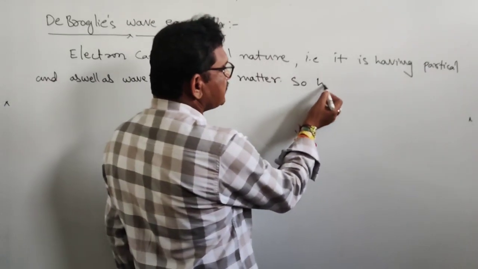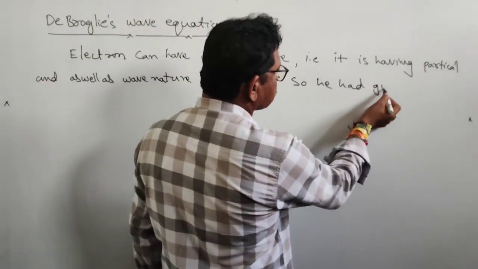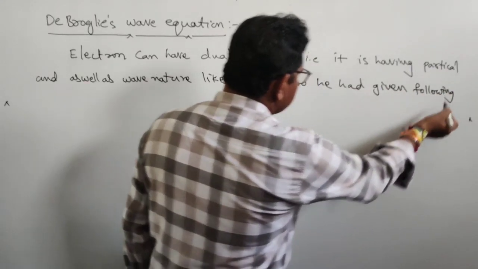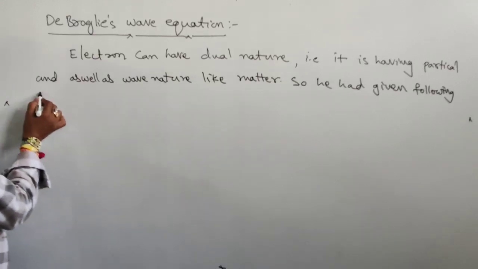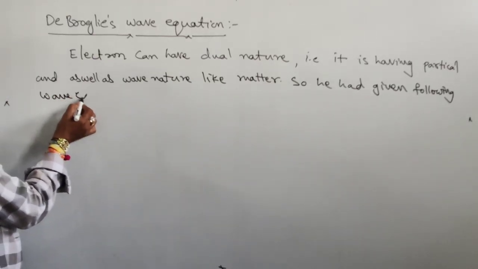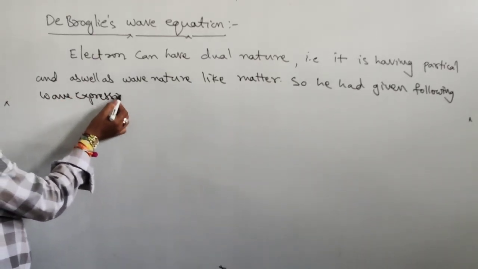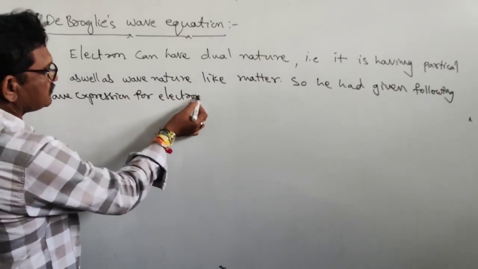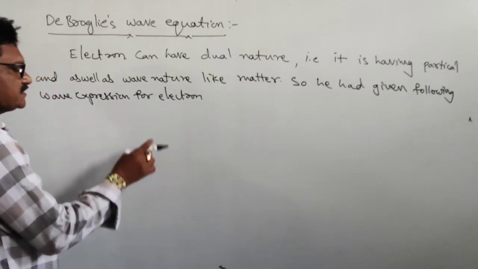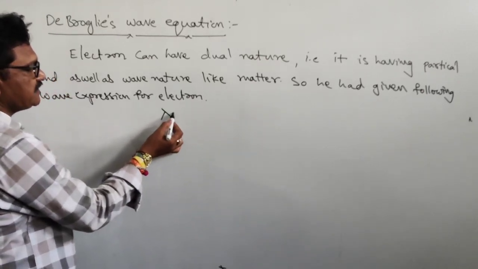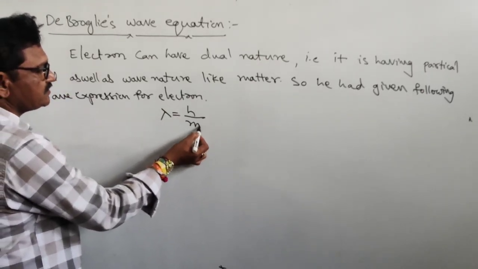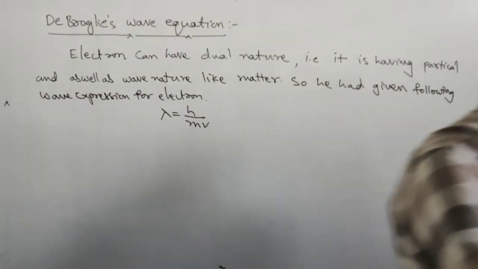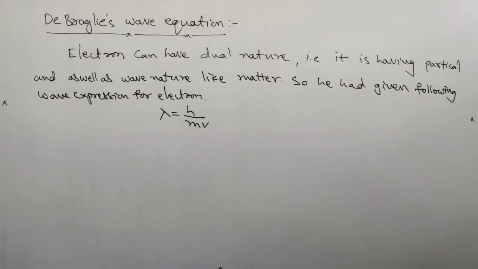So he had given the following wave expression for electron, or moving electron around the nucleus in atom. So what he had given: lambda is equal to h by mv. This relation was proposed by the scientist de Broglie.